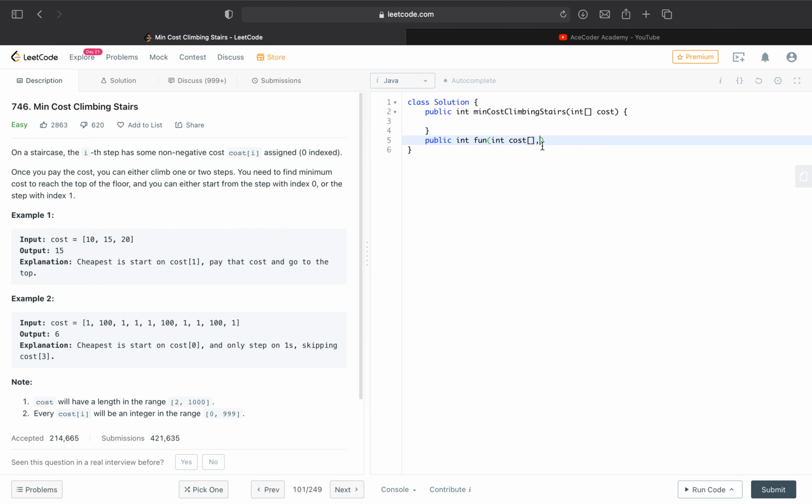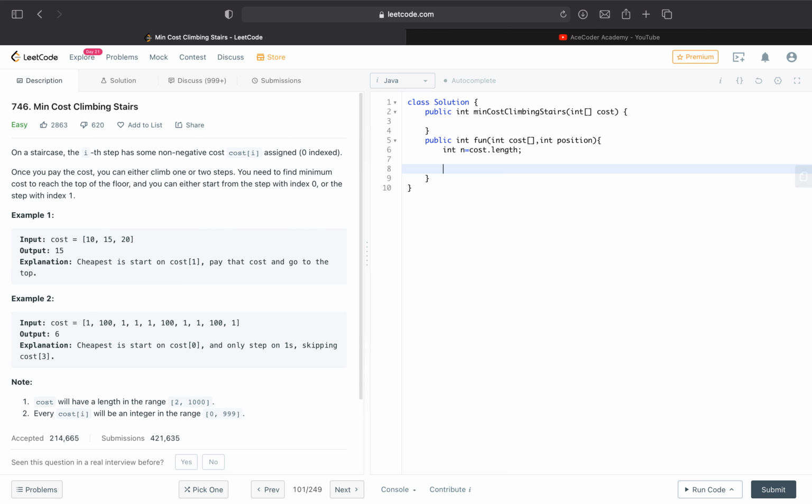Another thing we require is a position, the position we are currently standing at. Firstly, I will initialize a variable n equal to cost.length, the length of the cost array.